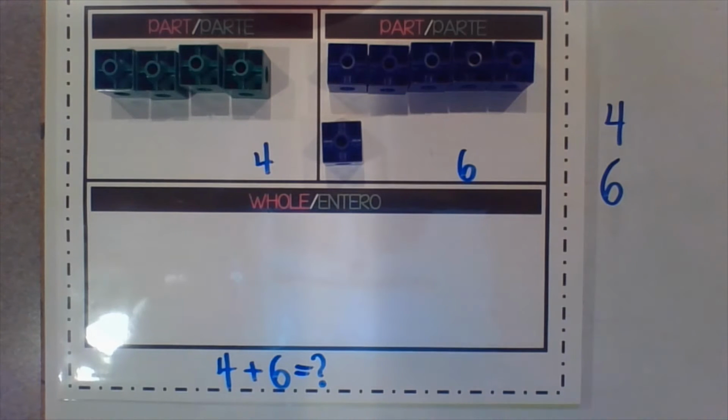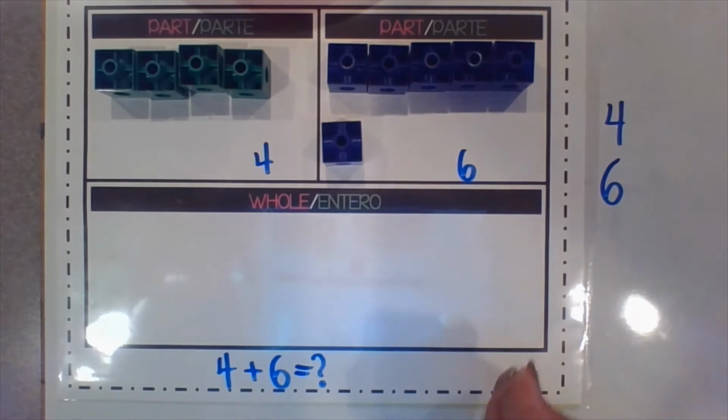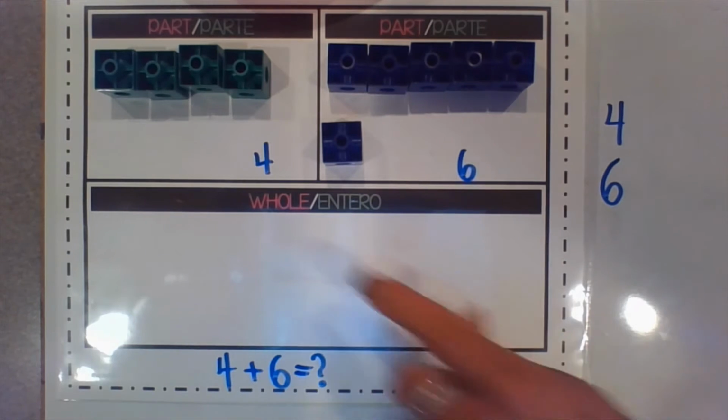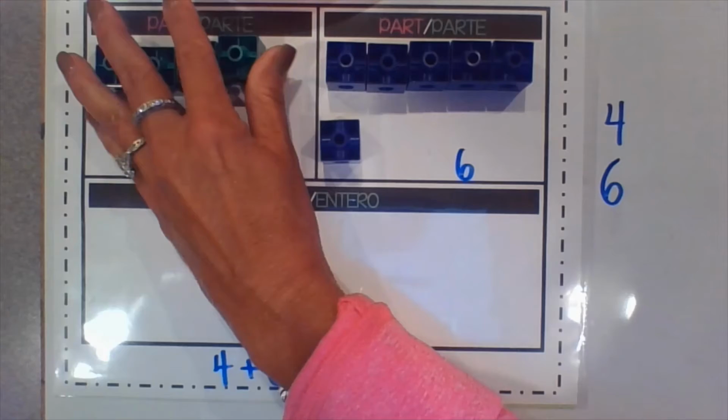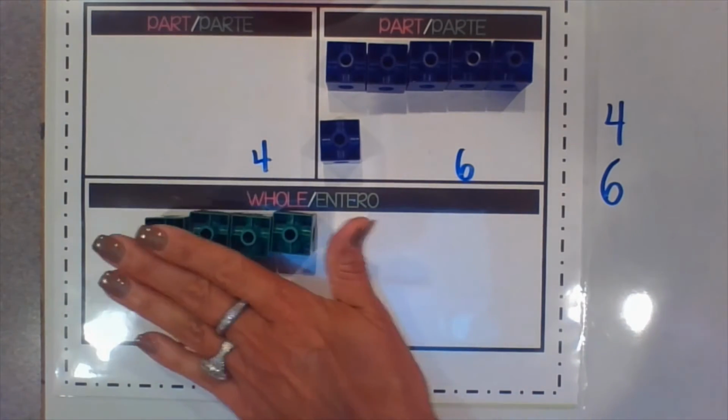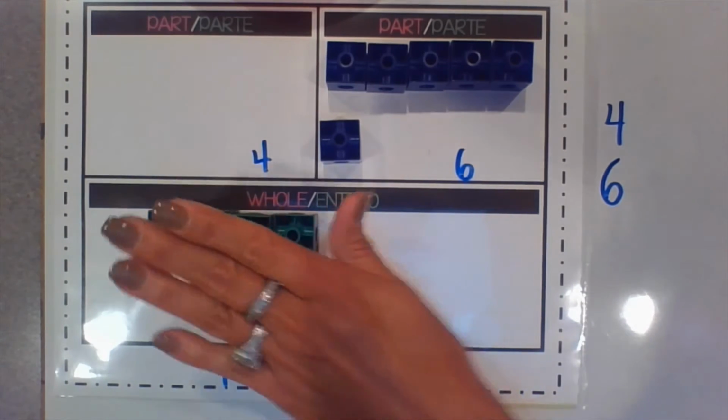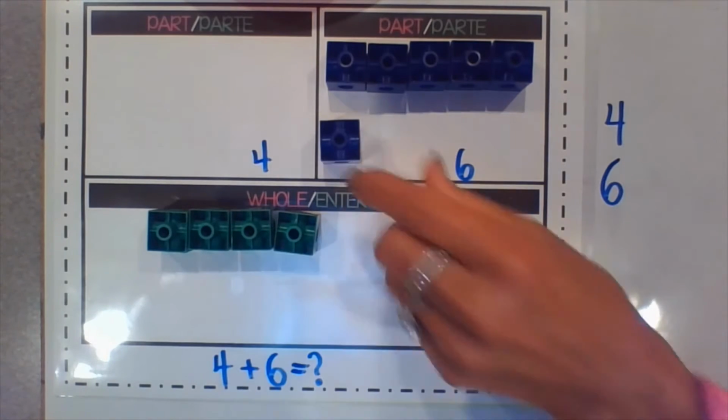The question asks, how many snowballs will Jaden and Myra have for their snowball fight? So I know that I'm going to put them together to find the total. I'll put them together in the whole. So I'll start with Jaden's 4, and I'll put together 6.